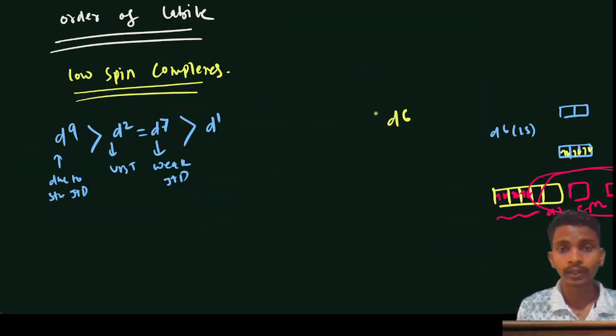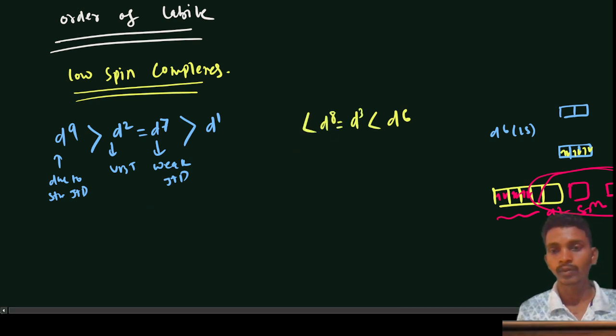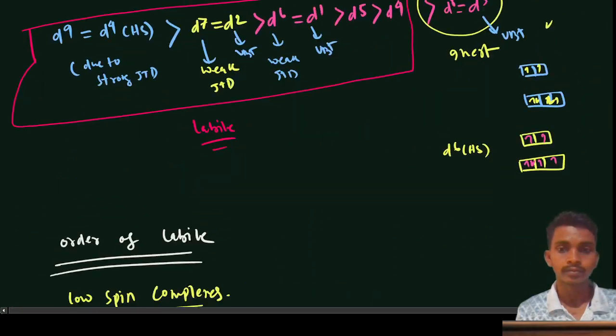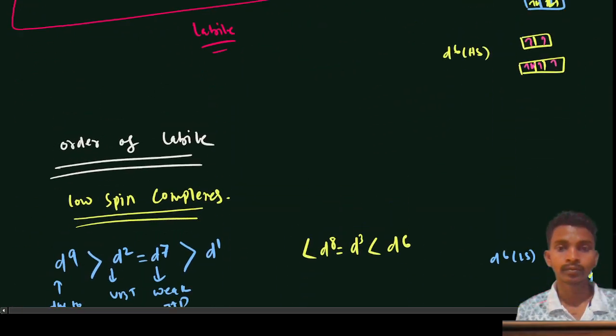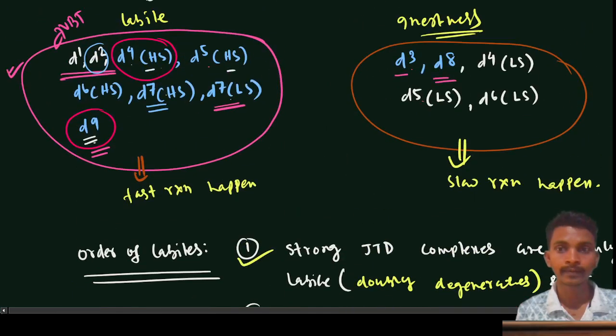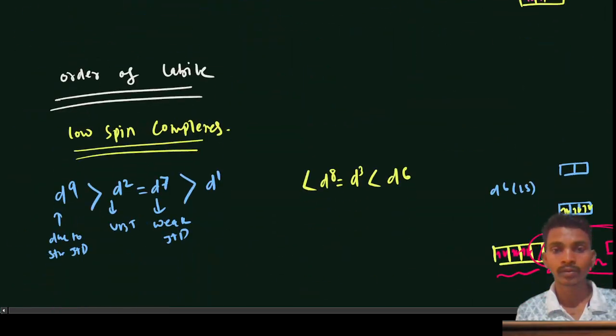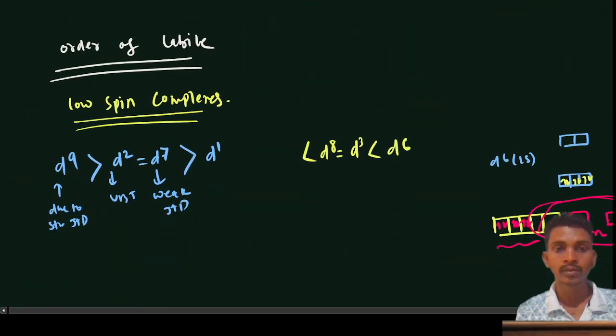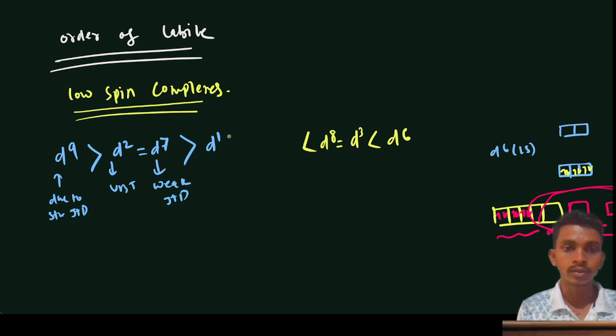After that we have D3, which is nearly equal to D8; these compounds will come. Then we have D4 and D5. After that D1, then D5 will come, then D4.